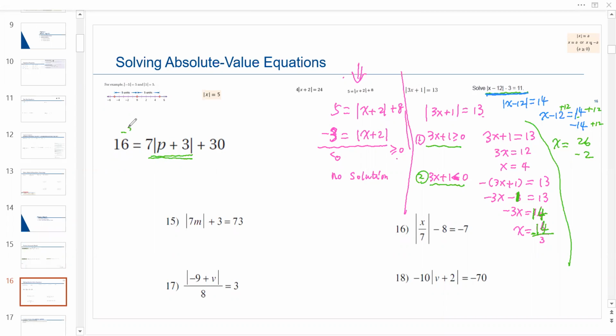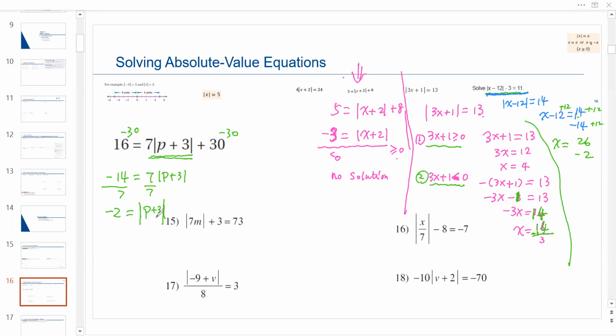Both sides minus 30, so you get minus 14 equals 7 times the absolute value of p plus 3, right? Both sides divide by 7. So you got negative 2 equals the absolute value of p plus 3. So this absolute expression equals negative 2.